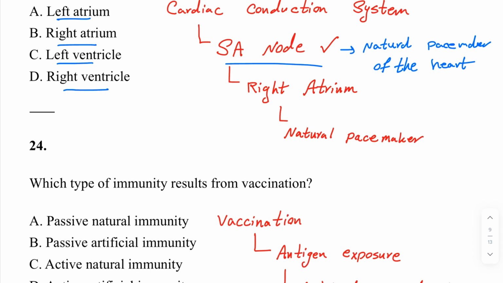Anatomically, the SA node is located in the wall of the right atrium near the superior vena cava because it sets the rhythm for the entire heart. It's considered the primary pacemaker. Therefore, the SA node is found in the right atrium, and option B is the correct answer.